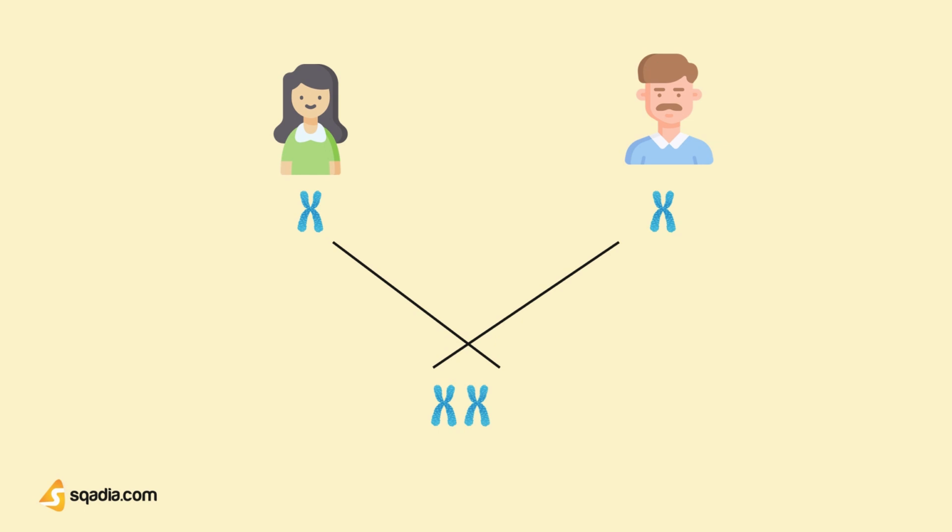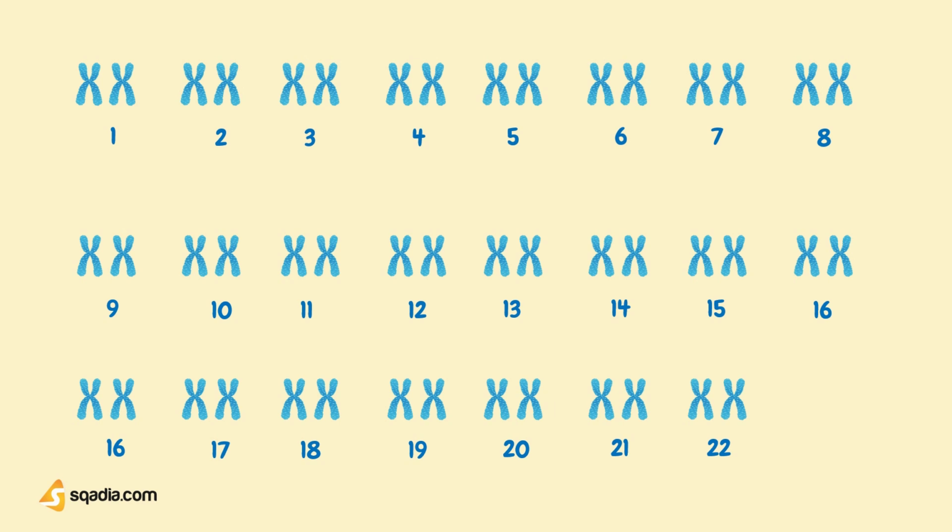Of these 23 pairs, 22 pairs are autosomes, meaning non-sex chromosomes, and look the same for both males and females. One pair are sex chromosomes, so they differ depending on whether you are male or female.